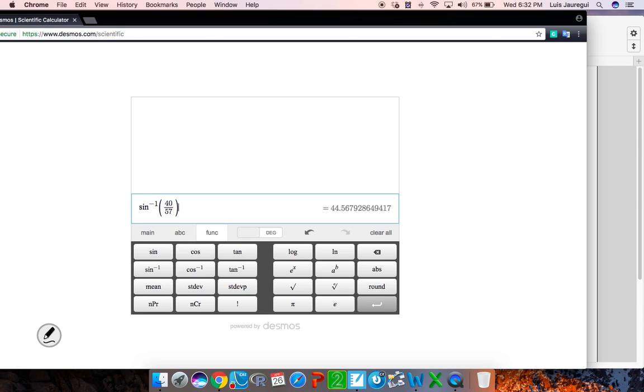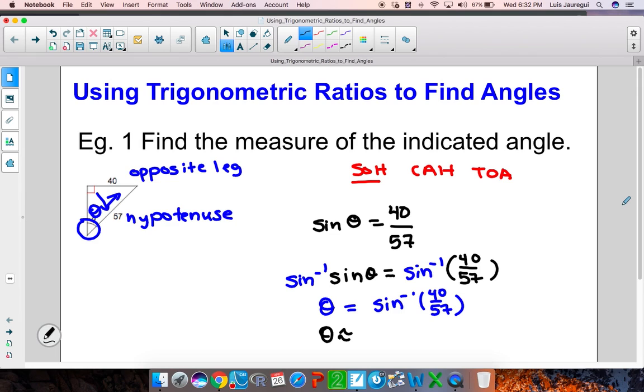And take a look, it's approximately 44.6. So theta is about 44.6 degrees. Now let's go ahead and see a couple more examples.